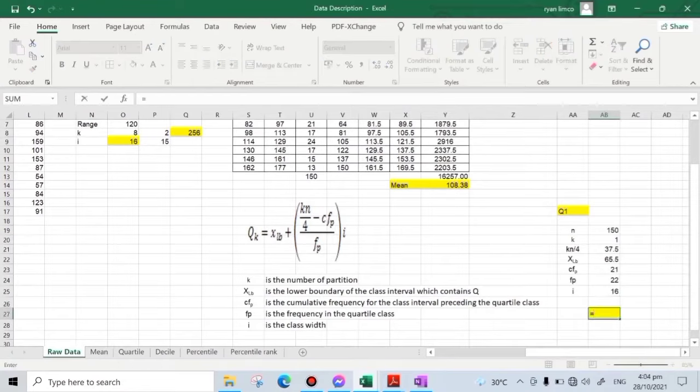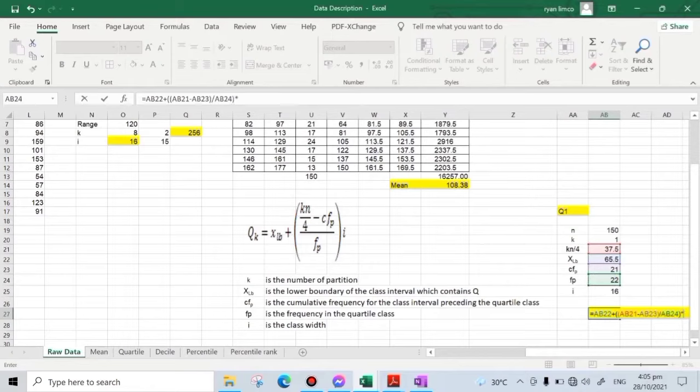Okay, so applying the formula, we have Q1 equals XLB plus the Kn over 4, ito yun, minus, so, insert natin yung isa pang parentheses para kay numerator, minus CFP over the F, so 22, and then close.